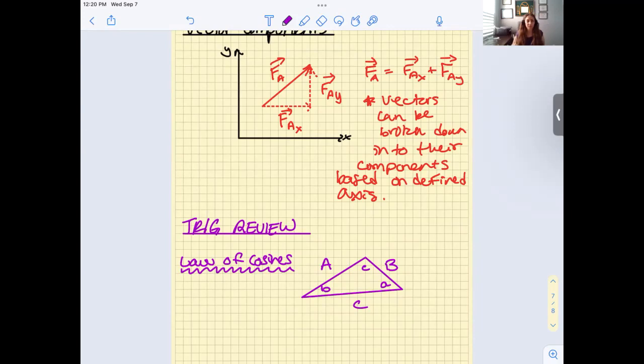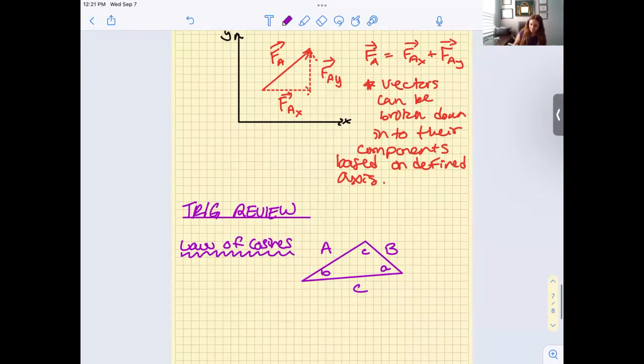Just keep that one in your back pocket. You remember the law of cosines? Rolls right off the tongue.